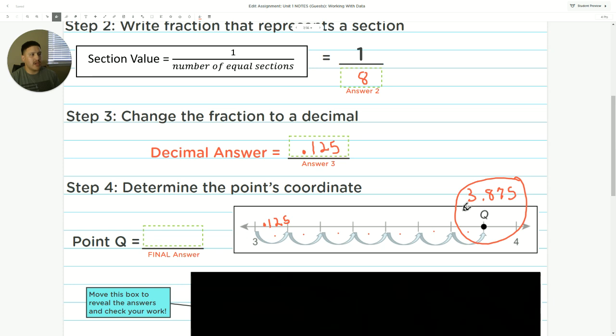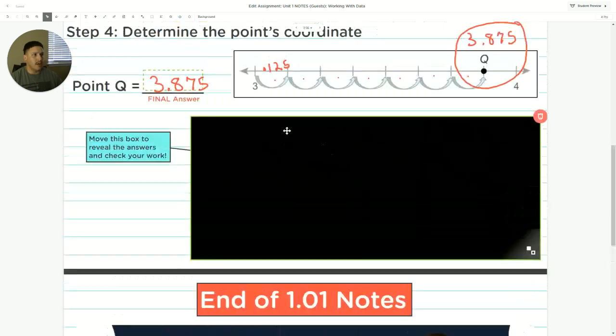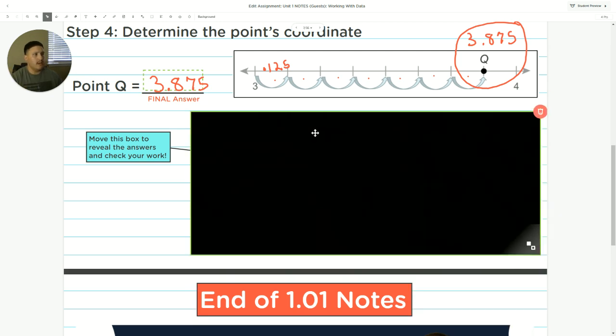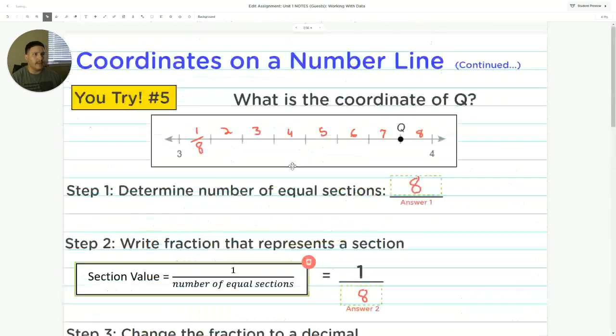That's where Q should be located. And then you can move this box to see if you're doing everything correctly. And that's it for you try number 5.